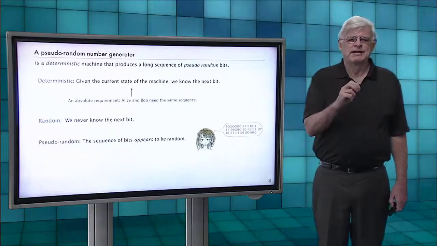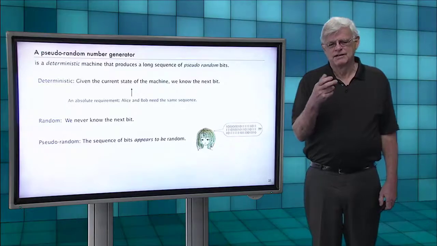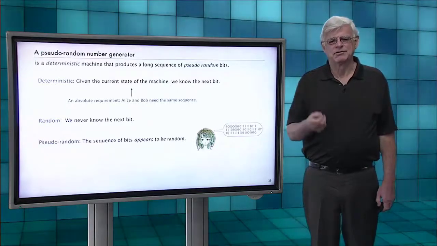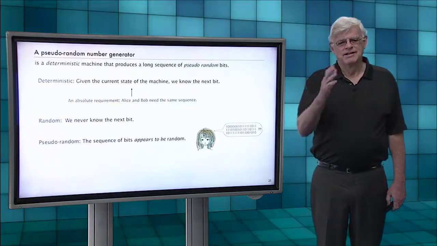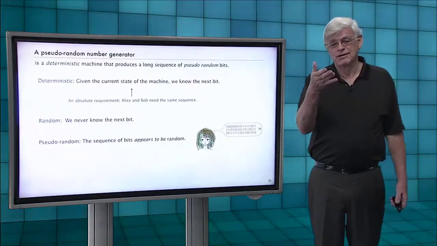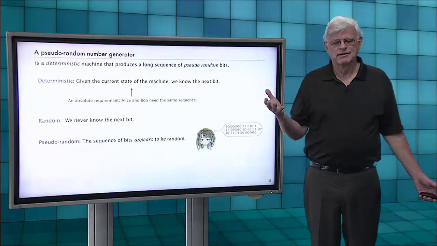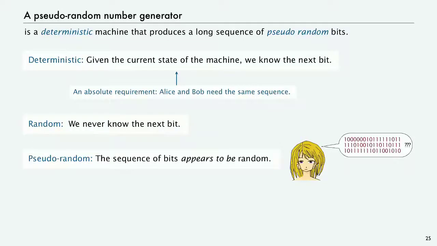By pseudorandom, we mean that Eve can't tell the difference between this sequence of bits and a random sequence of bits. We can never actually achieve the goal of randomness, but we can make our sequence of bits sufficiently complicated that anything we think Eve might try to understand the sequence is not going to be feasible.